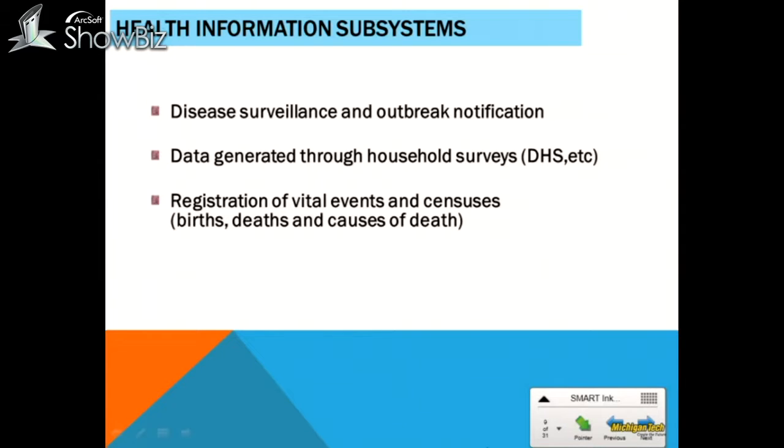Also, registration of vital events and censuses. This is another subsystem. If you go to the hospital, you can check the health information. You will find different subsystems out there. Okay.